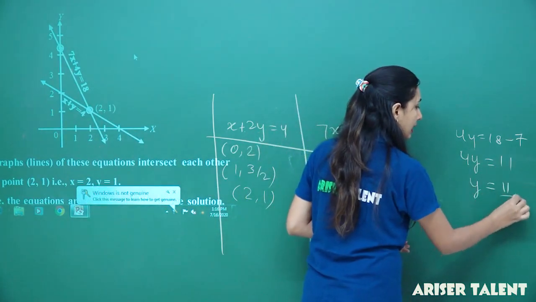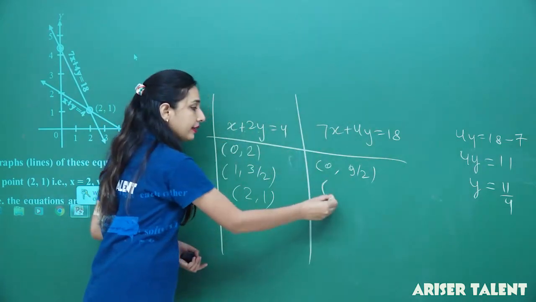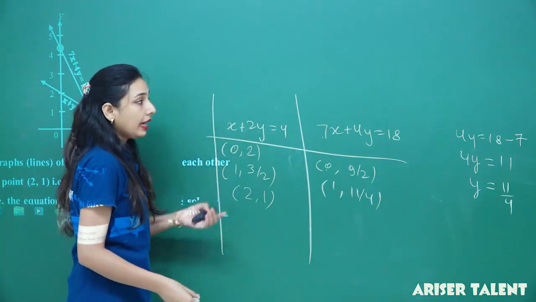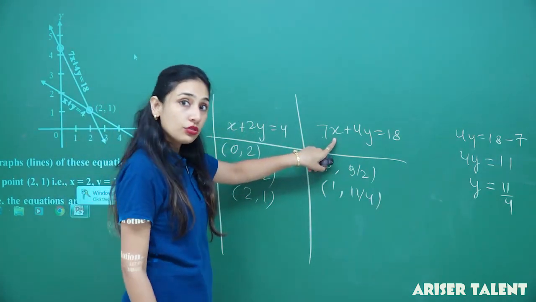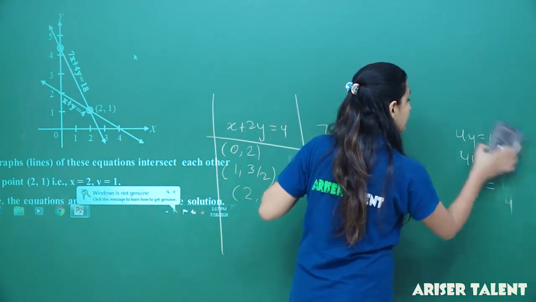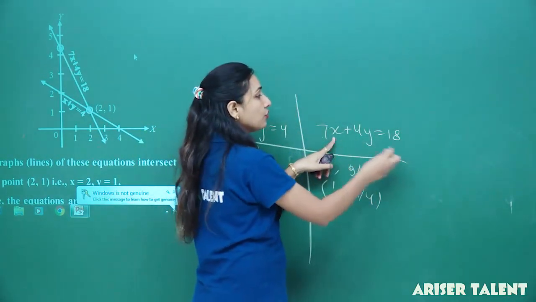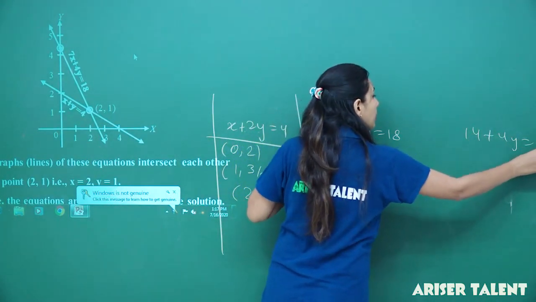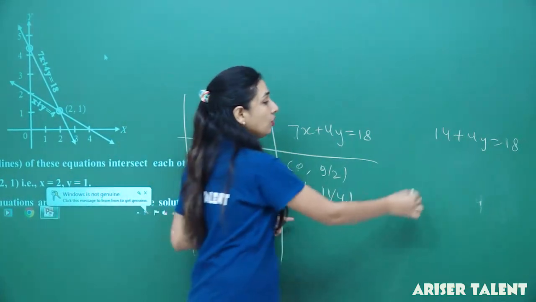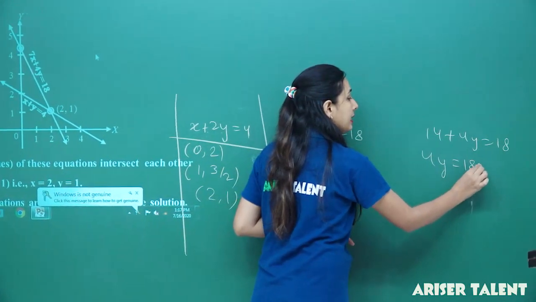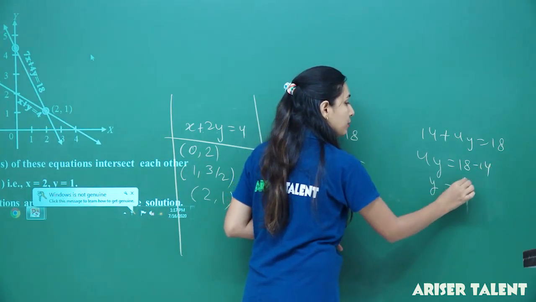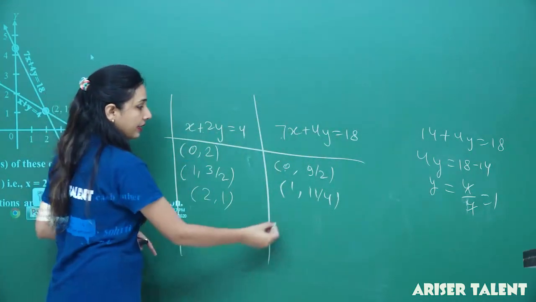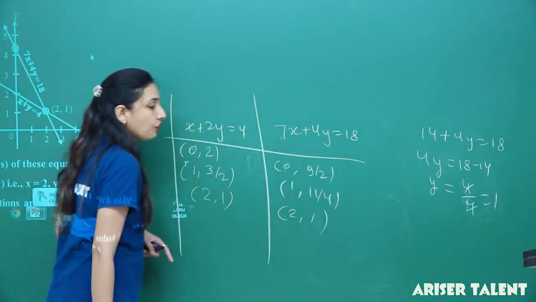So y will be equal to 11 by 4. Okay, so at x equals 1, y will be 11 by 4. Now at x equals 2, that will be 14 plus 4y equals 18, right? So 4y will be equal to 18 minus 14, so y equals 4 by 4 equals 1. So at x equals 2, the value of y is 1.